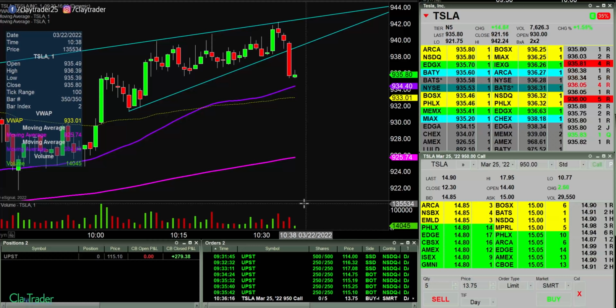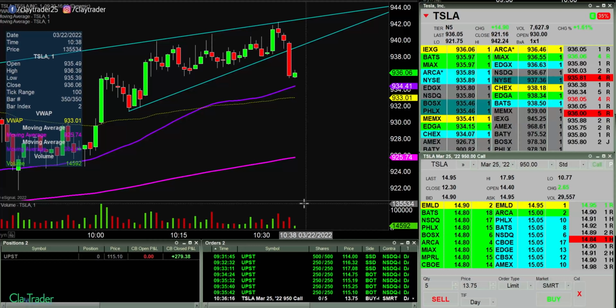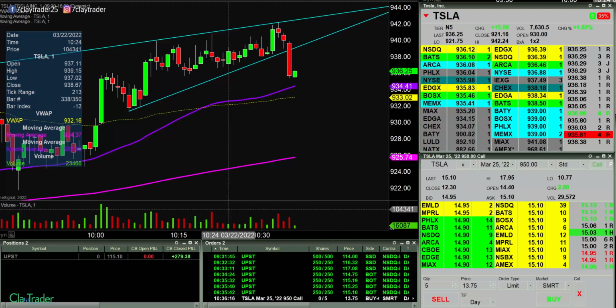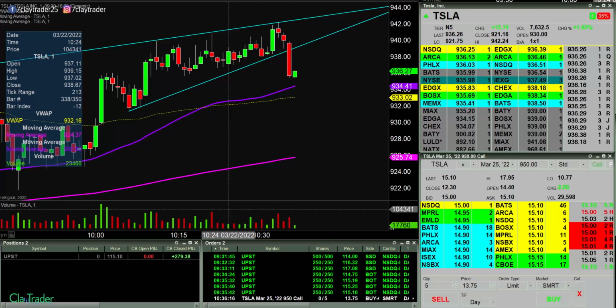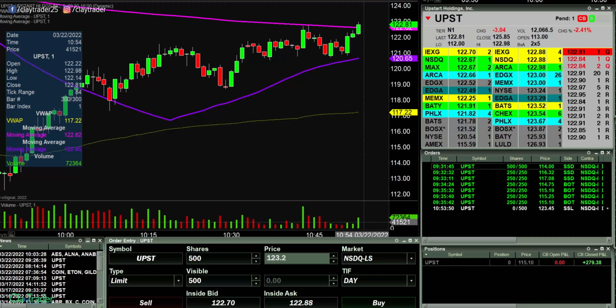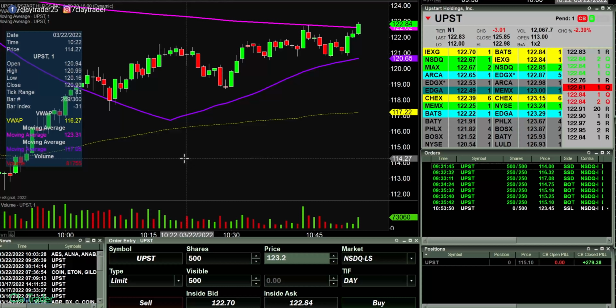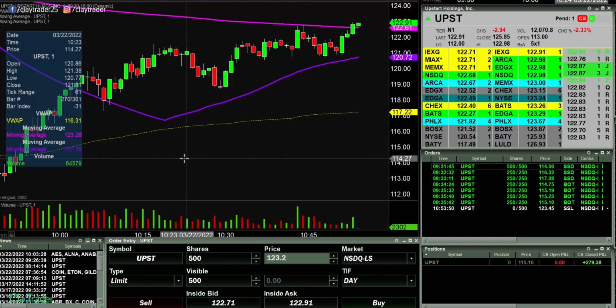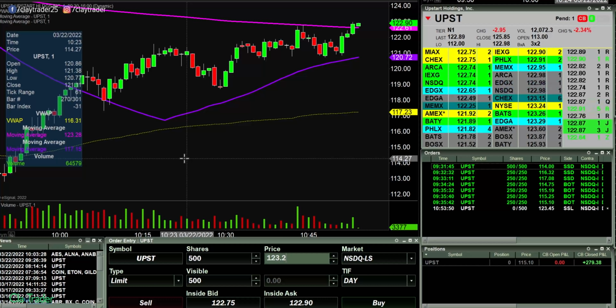Yeah, 933. I would now be interested in some calls, but got to see this thing come down a bit more here. But I'll go ahead and pause. Have an order at 123.45. Looking for a break of 123 within a fast move. So it's got to get up there fast to 123.45. Step one though. Got to break through 123.